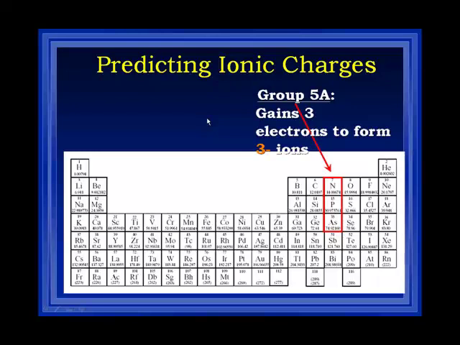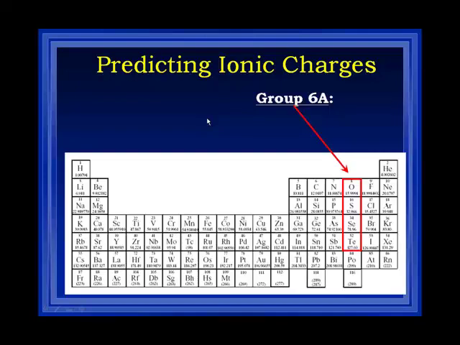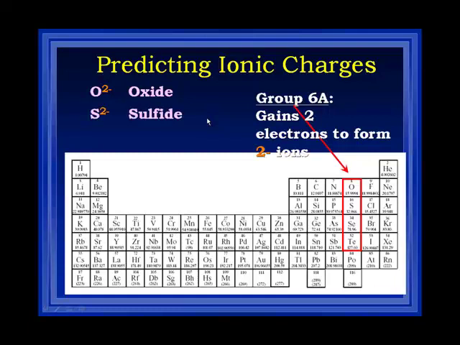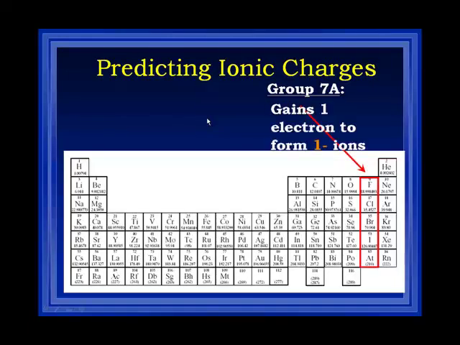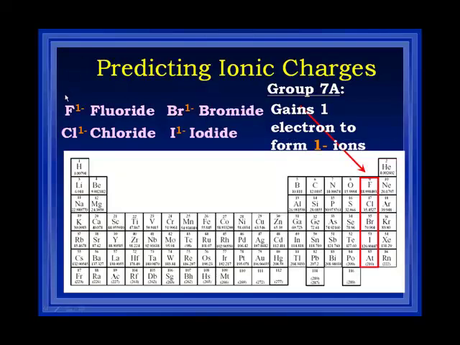Group 5A gain 3 electrons to form -3 ions. So nitride, phosphide, arsenide. Your group 6A, they gain 2 electrons and you make oxide, sulfide, and selenide. And group 7A, your halogens, fluoride, chloride, bromide, iodide.